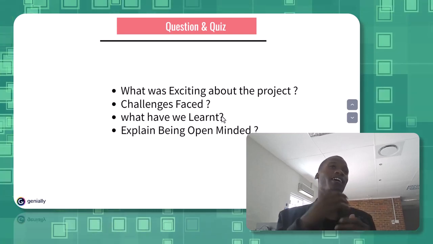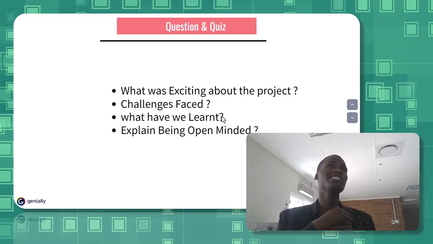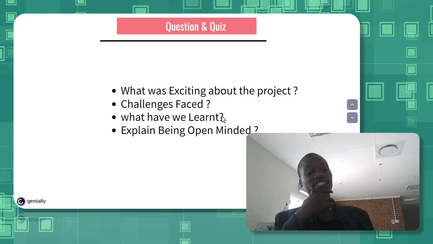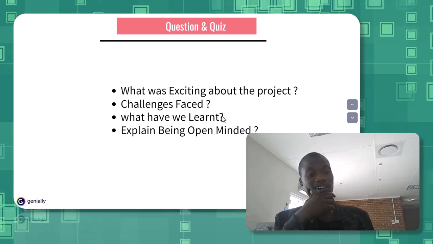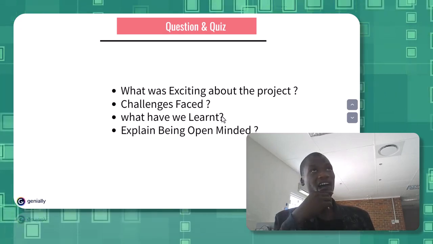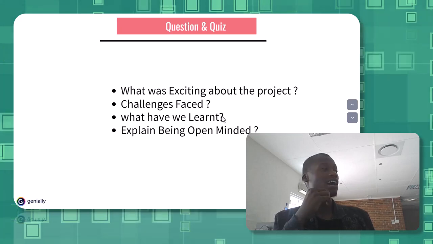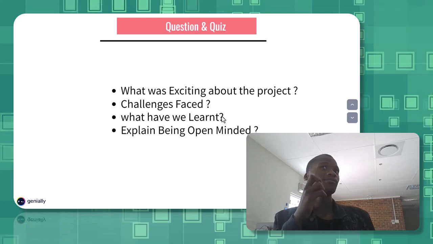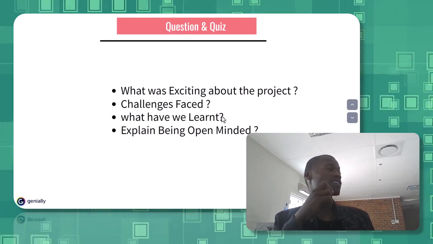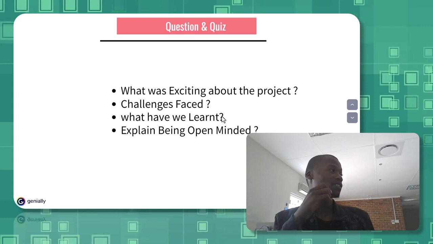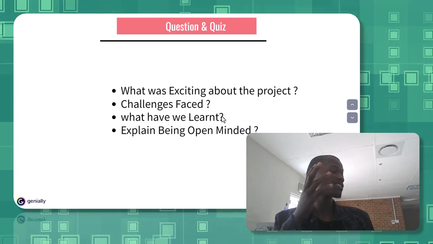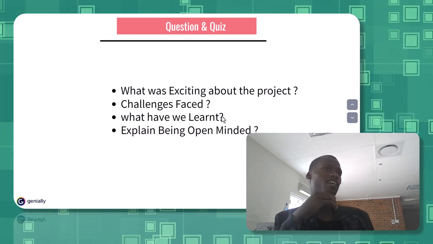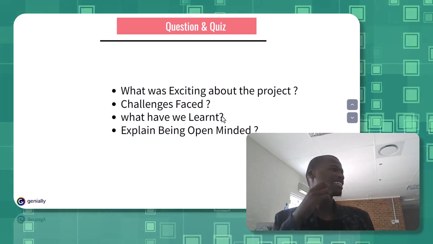So what have we learned? I've learned a lot. Be open-minded, explore different things. I'm an explorer already. I have learned that not everyone is the same, and we must embrace our differences. Being open-minded is like being a sponge.